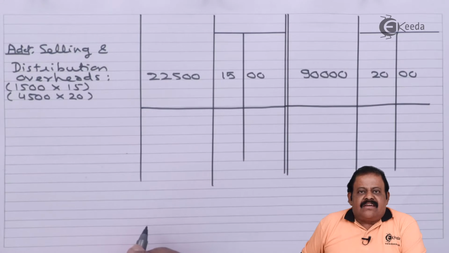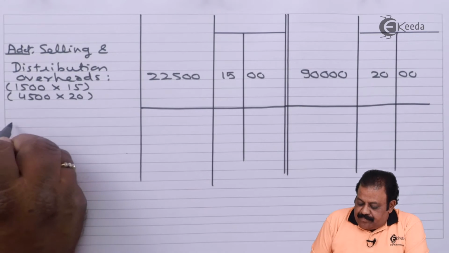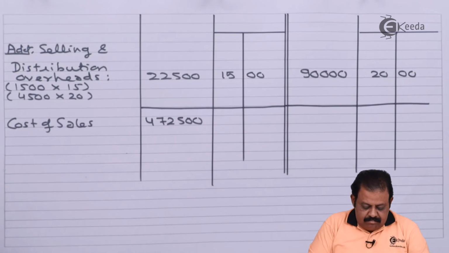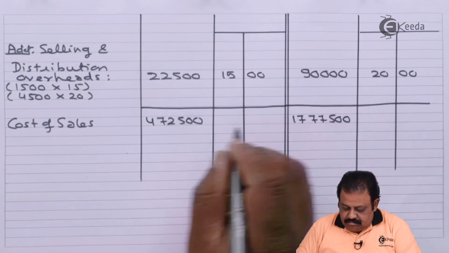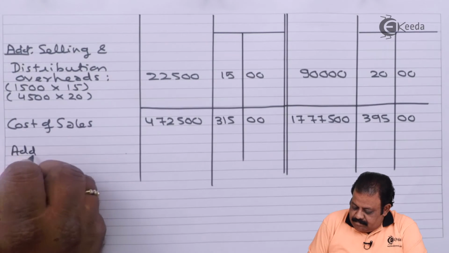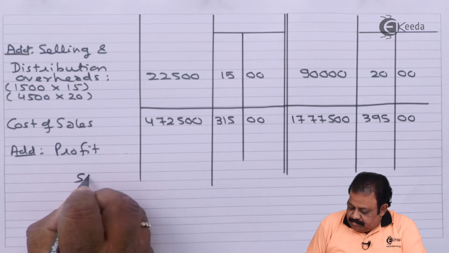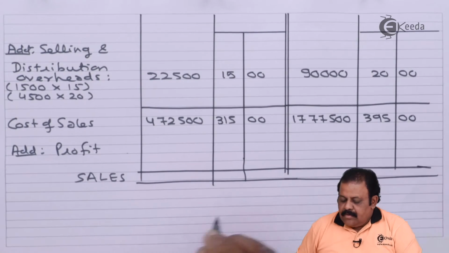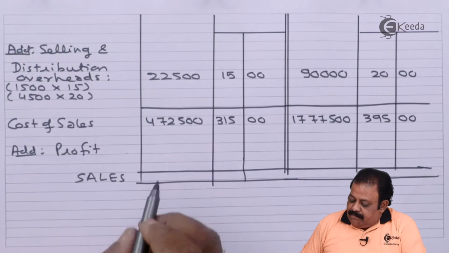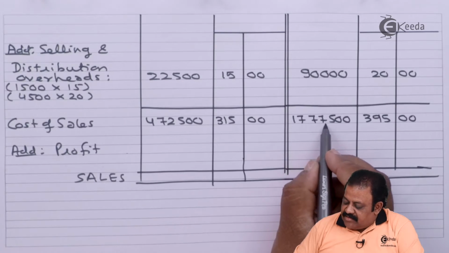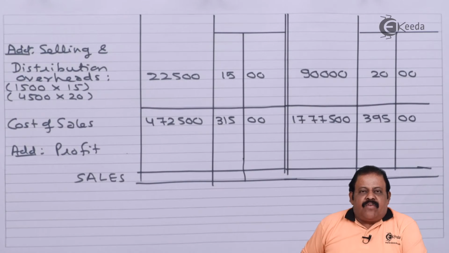We can add this to get cost of sales. Cost of sales in case of product A 4,72,500, in case of B 17,77,500.